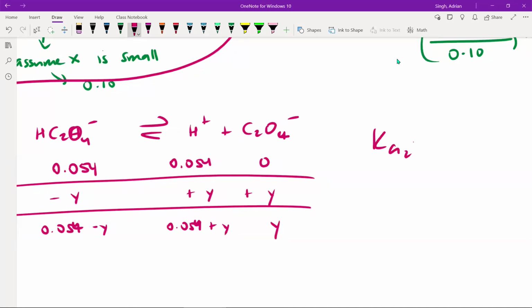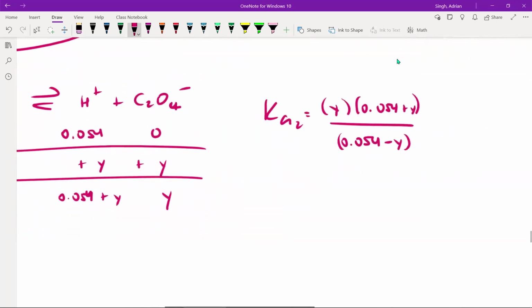This is going to be our Ka2. So we have the products, which are going to be Y times 0.054 plus Y, divided by 0.054 minus Y.